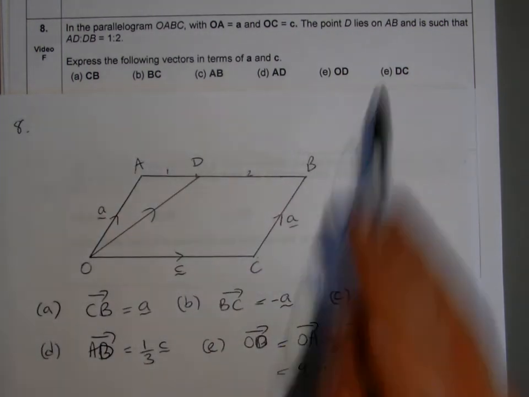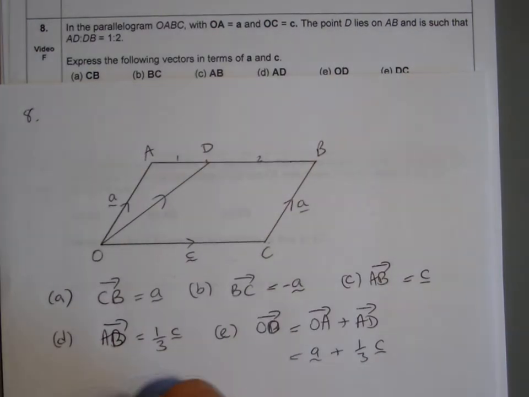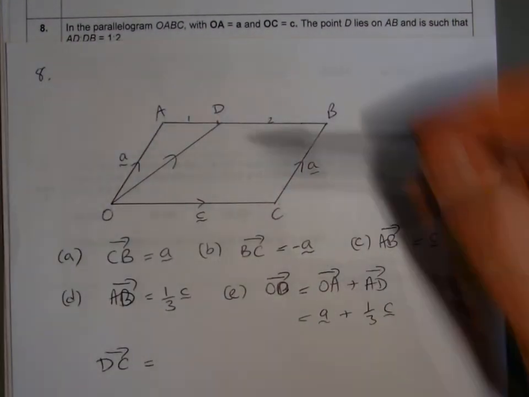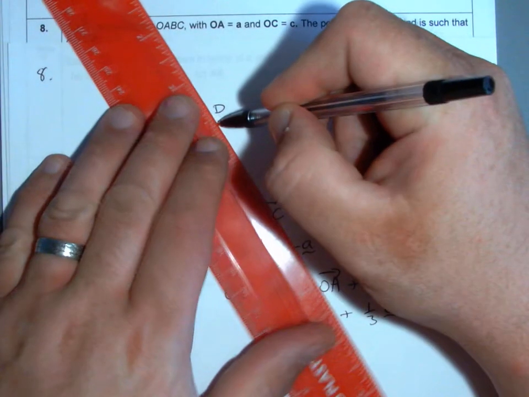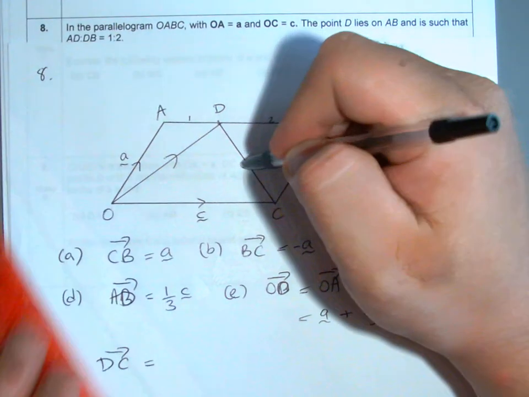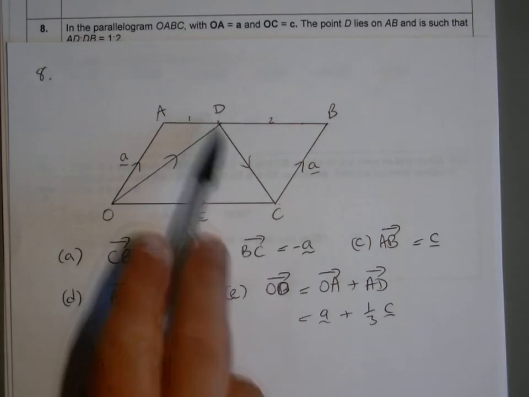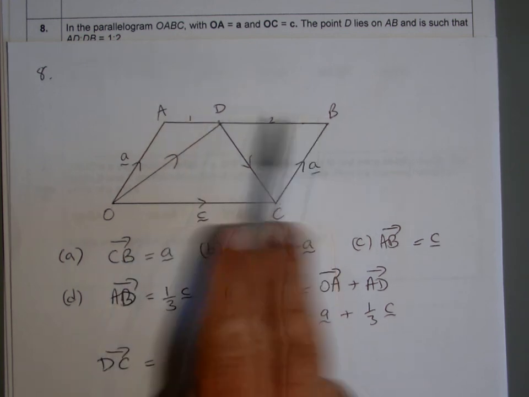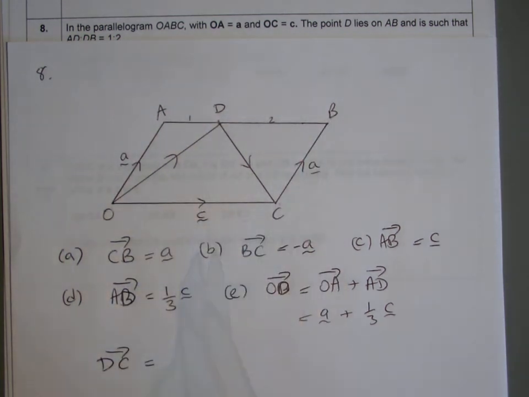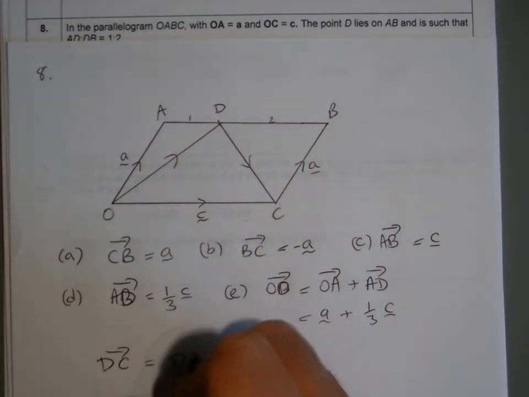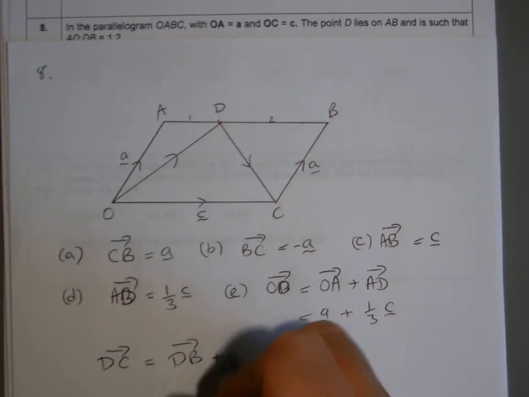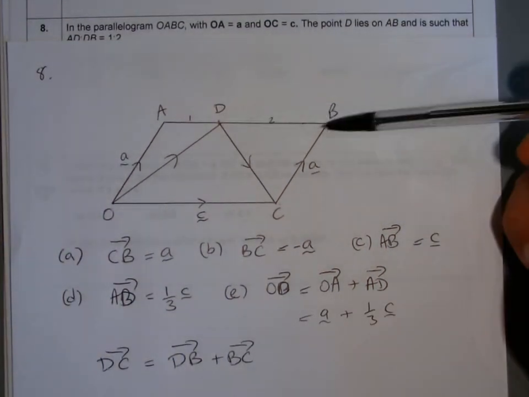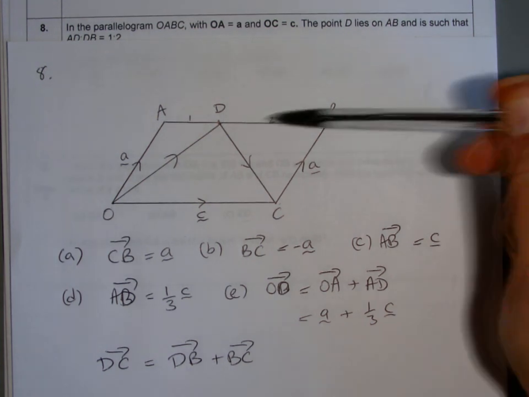And then finally, what have we got? DC. Well, to get DC, you want to go from here to here. How do you get from D to C? Well, the equivalent is going from D to B and then plus B to C. So you can write that down: D to B plus B to C. Now D to B, there are two parts of that length.